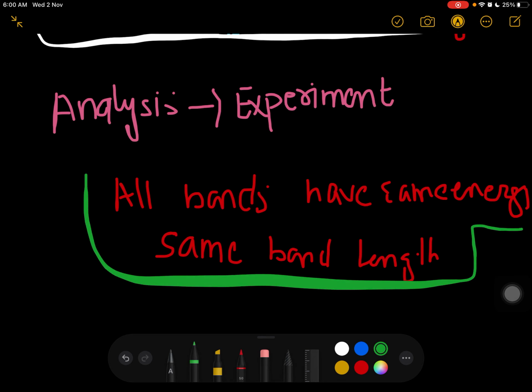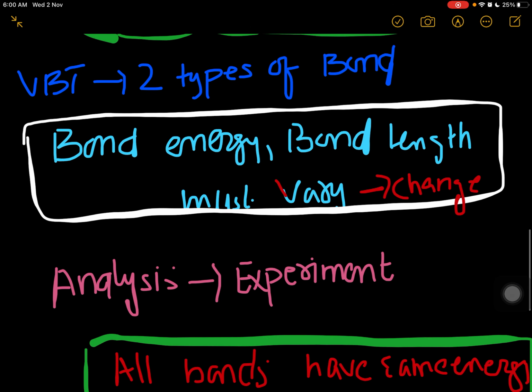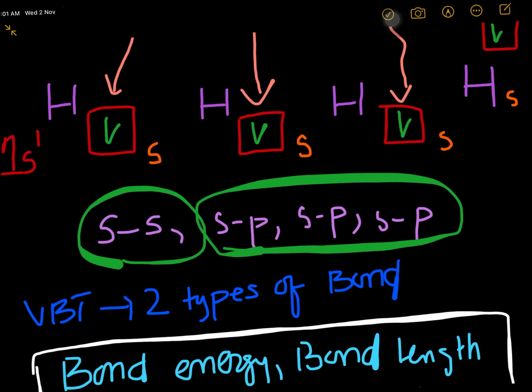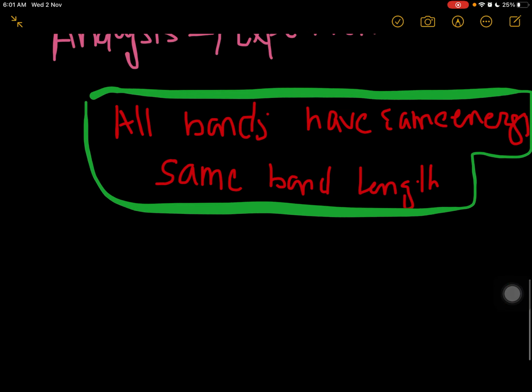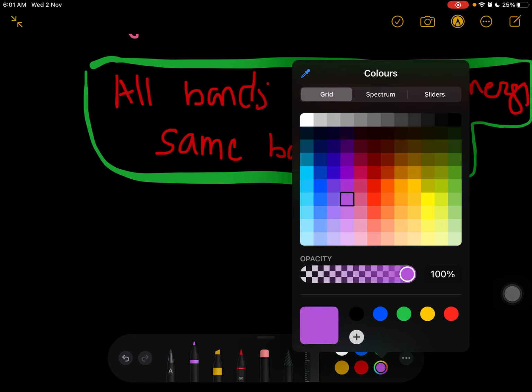Now how is that possible if VBT says there are 2 different bonds, which must have different energy? SS would have less energy and SP would have more energy. Then how is it possible that there is the same energy and bond length over here? So it means that the concept of VBT was rejected.